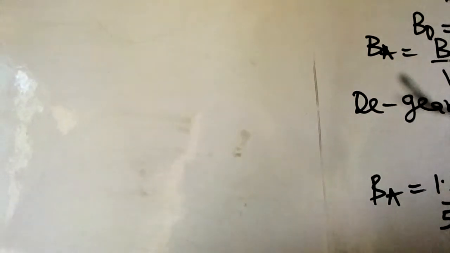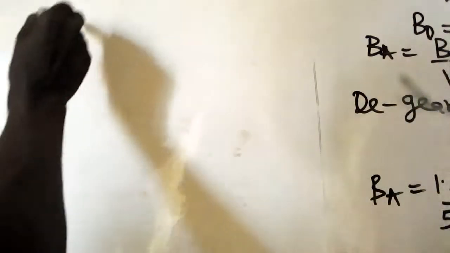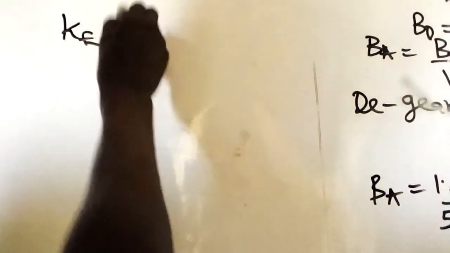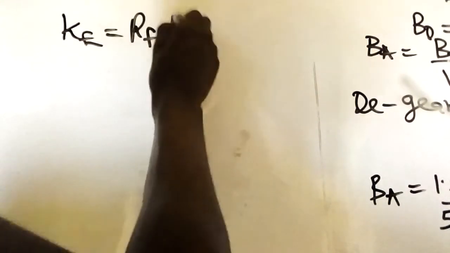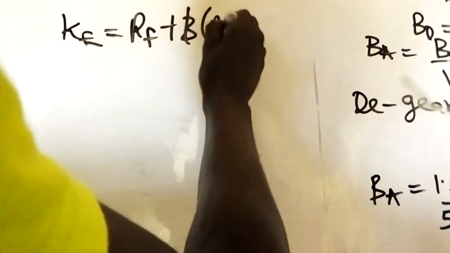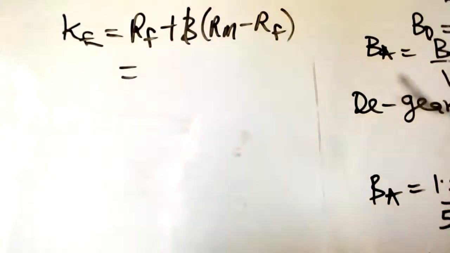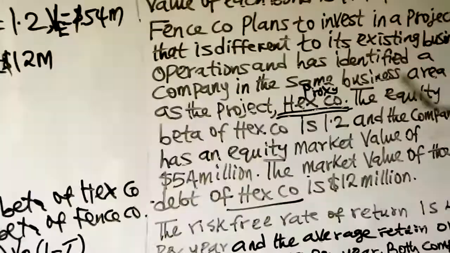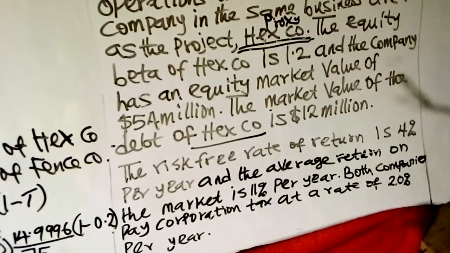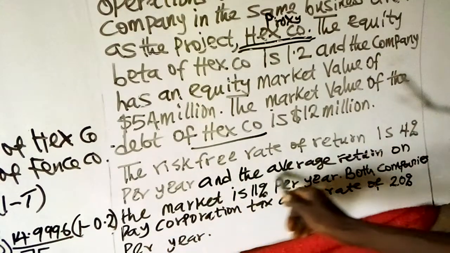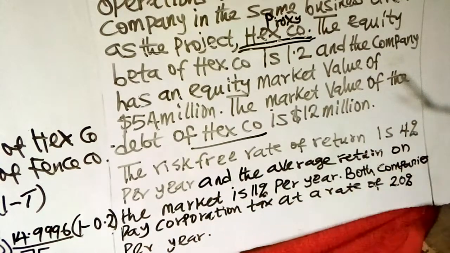So the cost of equity of FENSCO will be, using the capital asset pricing model, risk-free rate plus beta times market return minus risk-free rate. You are given the same risk-free rate as before, which is 4%, and the average return on the market is 11%.